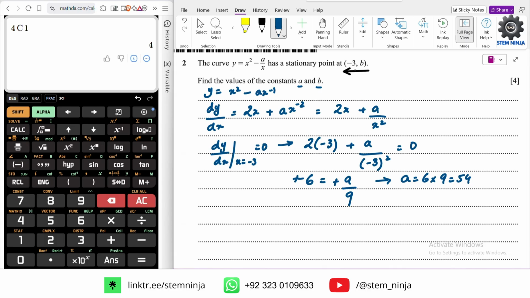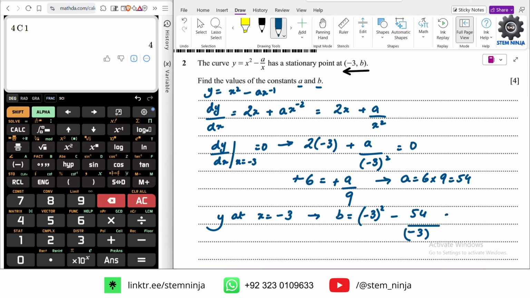Now we need to figure out what b is. So y at x equal to minus 3. So this would be b equals minus 3 whole squared minus 54 over x, which is minus 3.